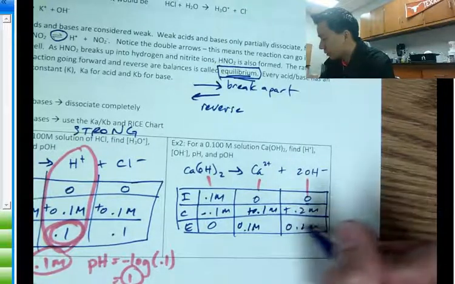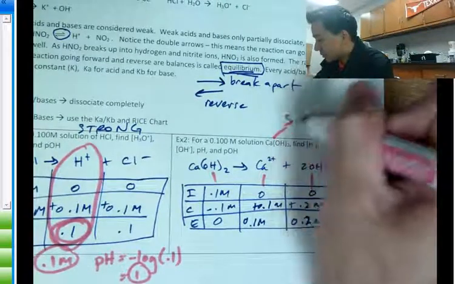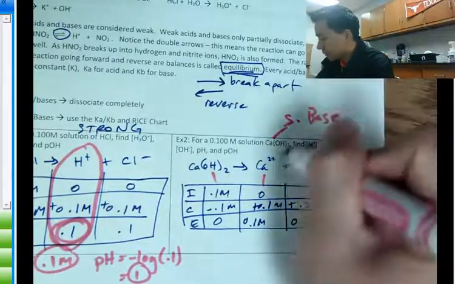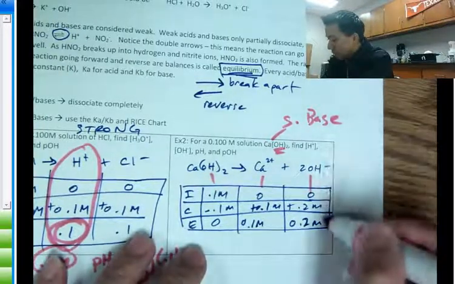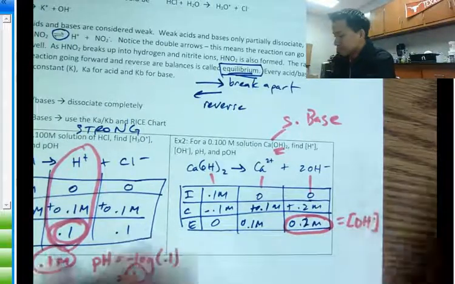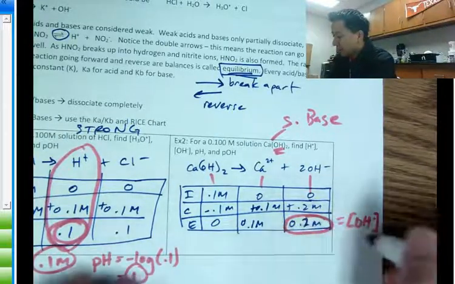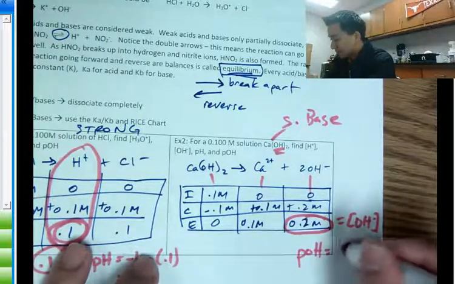And 0.2 molar. In this case, it is a base, right? This is a strong base. We know it's a base because it's got that OH, so it gives us OH. This is the OH concentration. And so we have OH, we can get the pOH, which is the negative log of that.